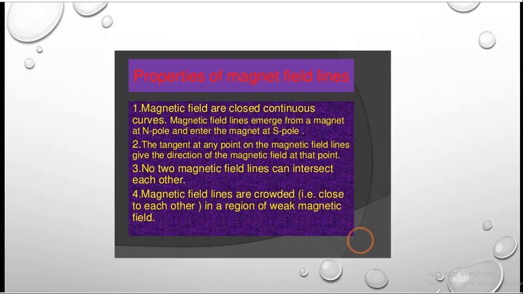The magnetic lines of force of a magnet or a solenoid form closed loops. This is in contrast to the case of an electric dipole, where the electric lines of force originate from the positive charge and end on the negative charge. The direction of the net magnetic field at a point is given by the tangent to the magnetic line of force at that point.